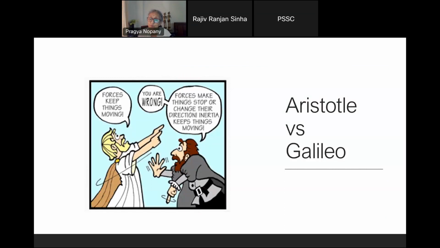Again, it's not important that the child should give the correct answer. What is important is that they should have a deeper look at what each one is saying and then form their opinion, and then they should be able to justify their opinion, why they think Aristotle is right or why they think Galileo is right.